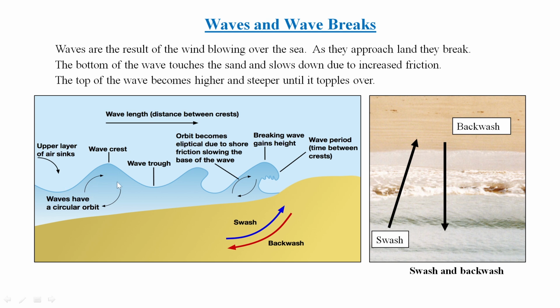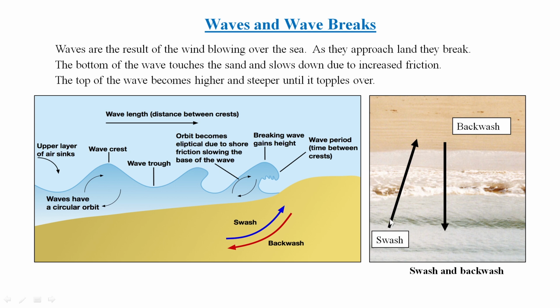Waves have a circular orbit like this, but when they come near the shoreline, it becomes an elliptical orbit like this. Due to this rotational movement of the waves, there is always a coupled event of swash and backwash.